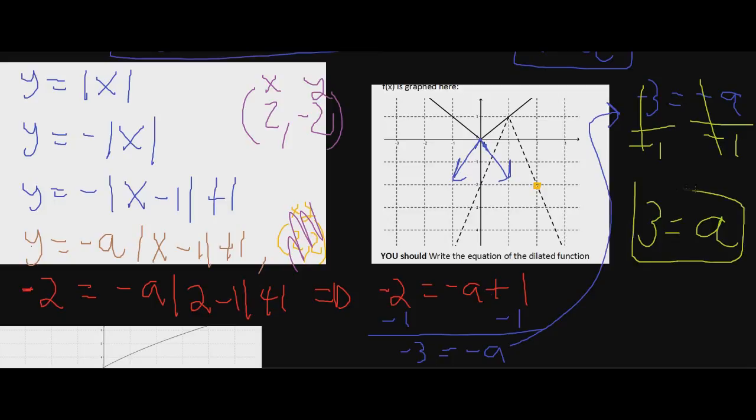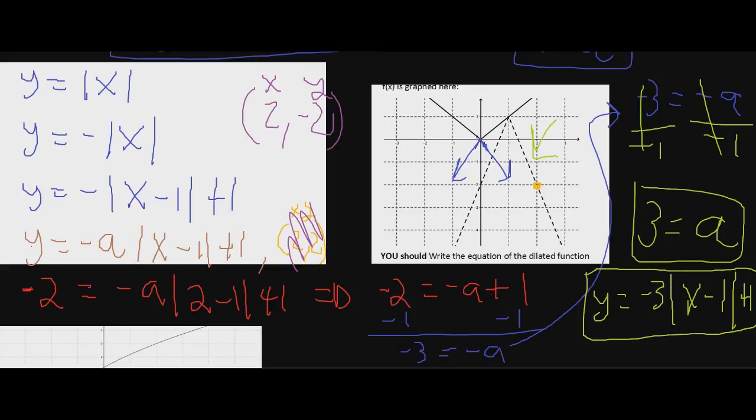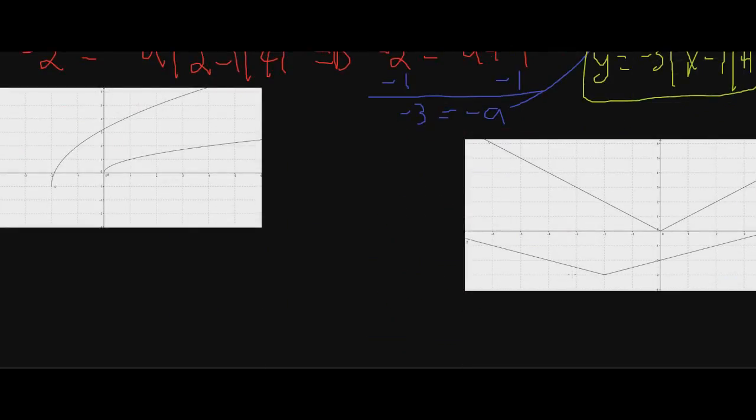So for this new equation, we're just going to take our a value and plug it back in. We're just going to get y is equal to negative 3 times the absolute value of x minus 1, plus 1. And this is my final equation. Okay, hopefully that helps. Why don't you go ahead and try doing these bottom two right here.